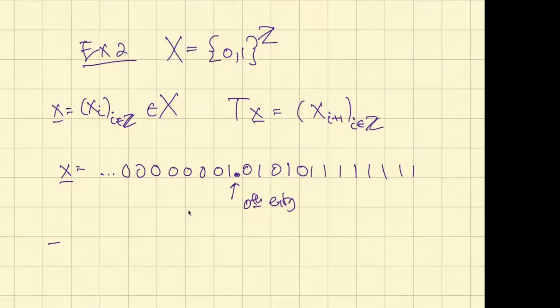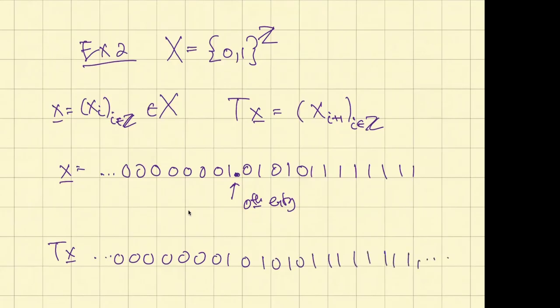So Tx is the same sequence except the decimal point is moved by 1. So now this is the 0th entry.